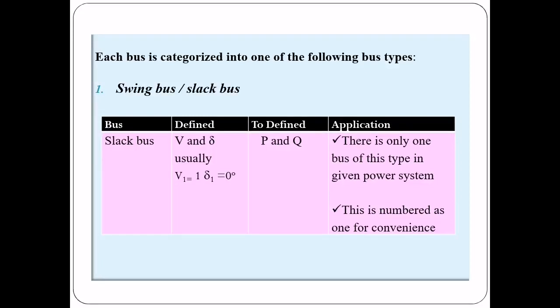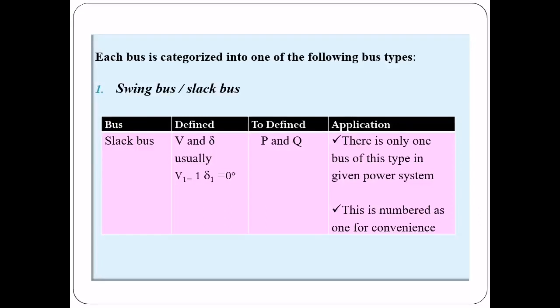So the slack bus is nothing but a reference bus. That means all other voltages are with respect to this slack bus only. So the slack bus is always only one in any system, because it is the reference bus. There exists only one bus, and normally its voltage is given as 1 angle 0. That is, the magnitude of voltage V1 is 1, and delta 1 is 0.